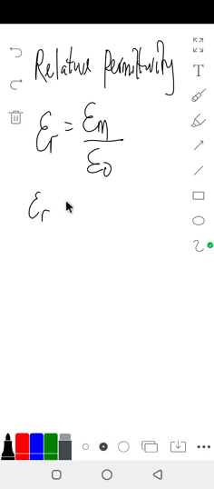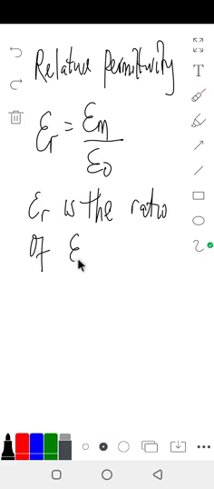Relative permittivity is the ratio of permittivity of medium to permittivity of free space, where ER is what?